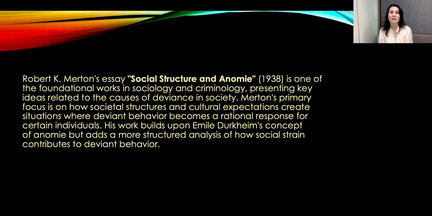Robert Merton's essay on anomie is one of the foundational works in sociology and criminology, presenting key ideas related to the causes of deviance in society. I'm just reading from here.